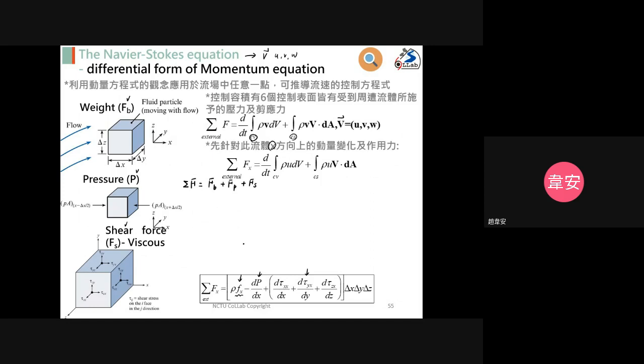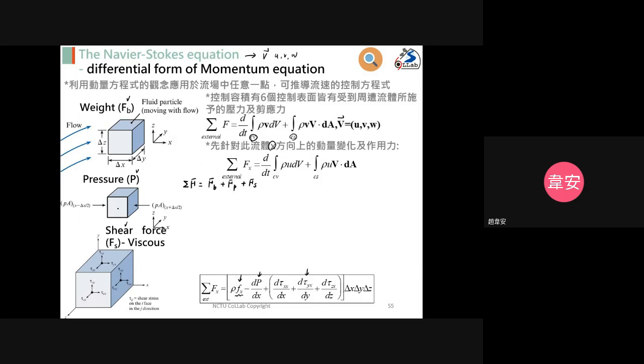So the body force is quite simple, because it is just the density multiplied by the acceleration related to the x direction. We move to the next one, the pressure force. How can we estimate the pressure force for a small fluid particle?